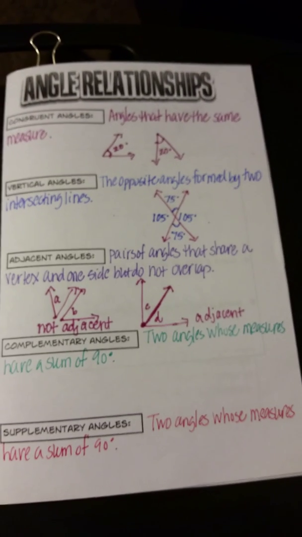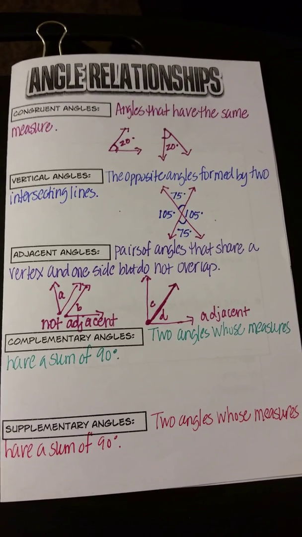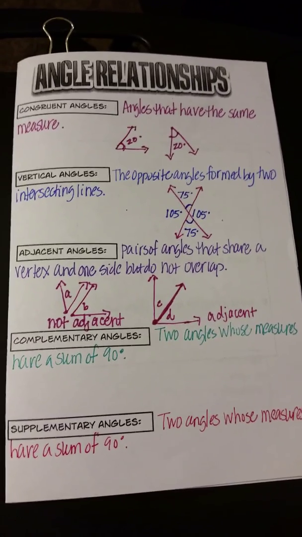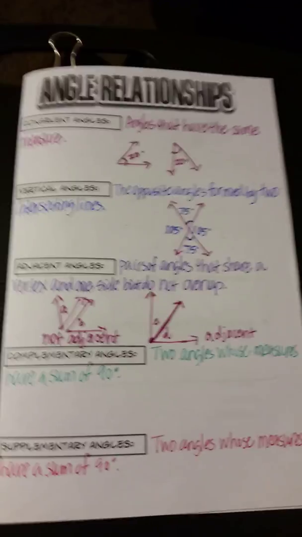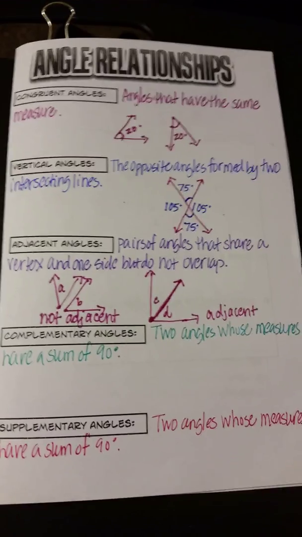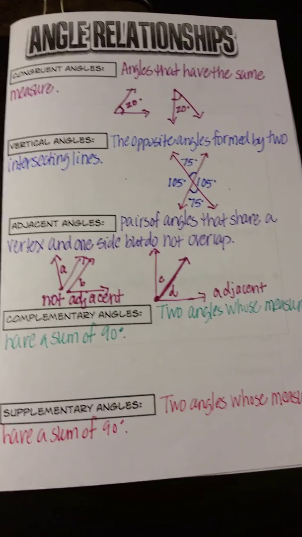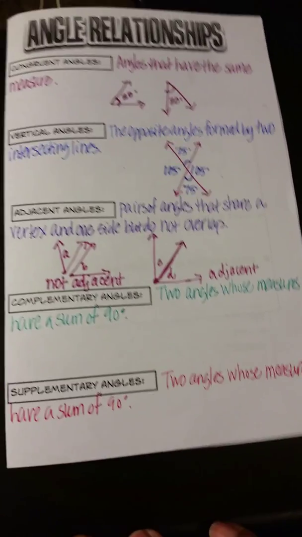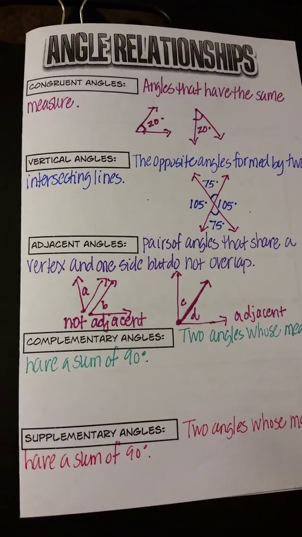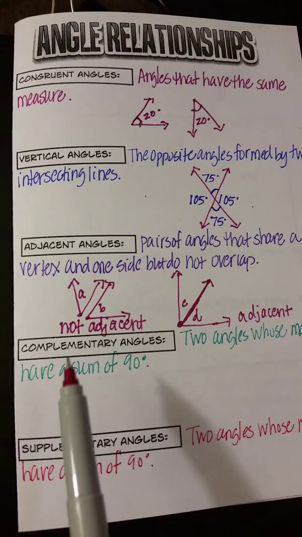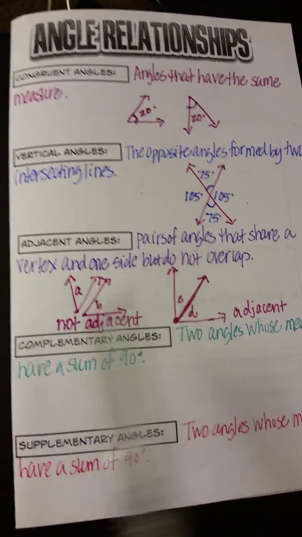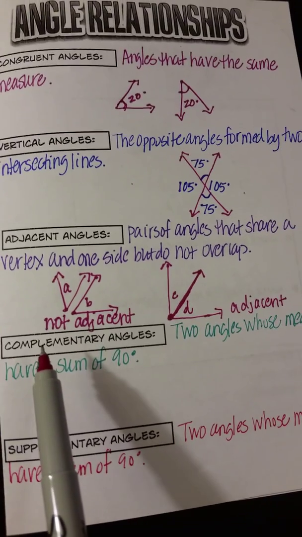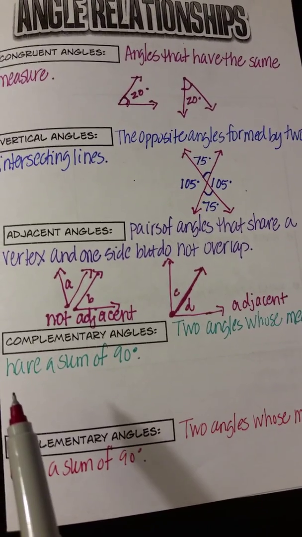Complementary angles. Complementary angles are two angles whose measures have a sum of 90 degrees. Now, I've always taught my students how to remember the difference between complementary and supplementary angles. When you give someone a compliment, say your hair is pretty, that word has an I in it, which is not the type of complement we're talking about.